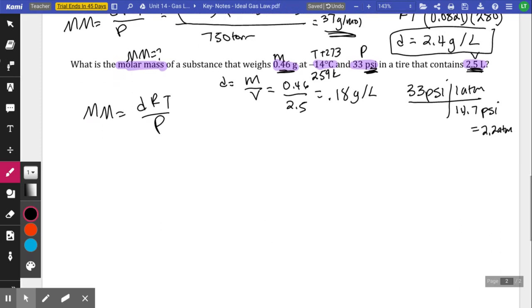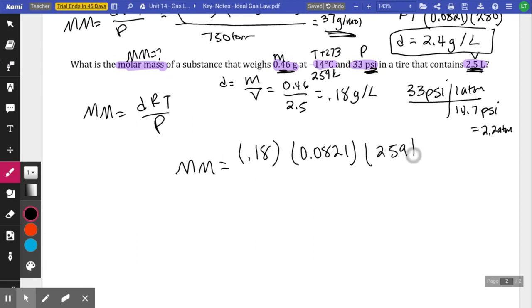Okay, so then we can plug it all into our equation. So molar mass is equal to 0.18 of our density, times, since I converted to atmospheres, 0.0821, times temperature, 259, all over our pressure, which is 2.2.